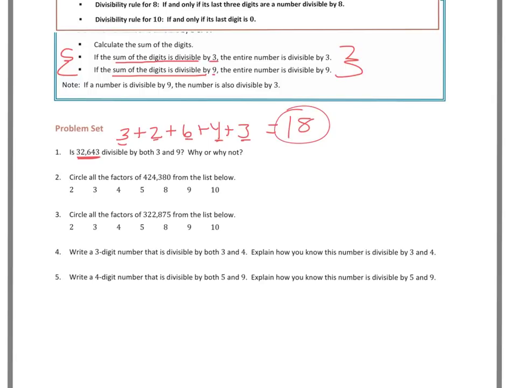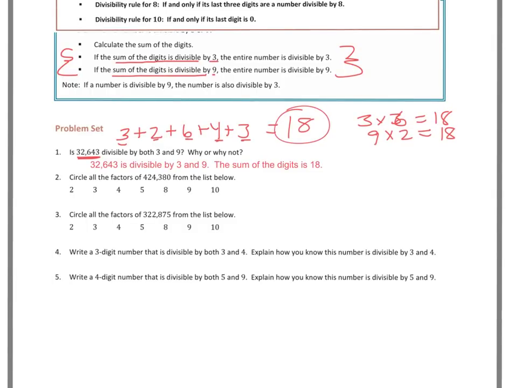So, can 3 go into 18? Yes. Can 9 go into 18? Yes. 3 times 6 is 18, and 9 times 2 is 18. So that number is divisible by both 3 and 9 because the sum of the digits is 18.